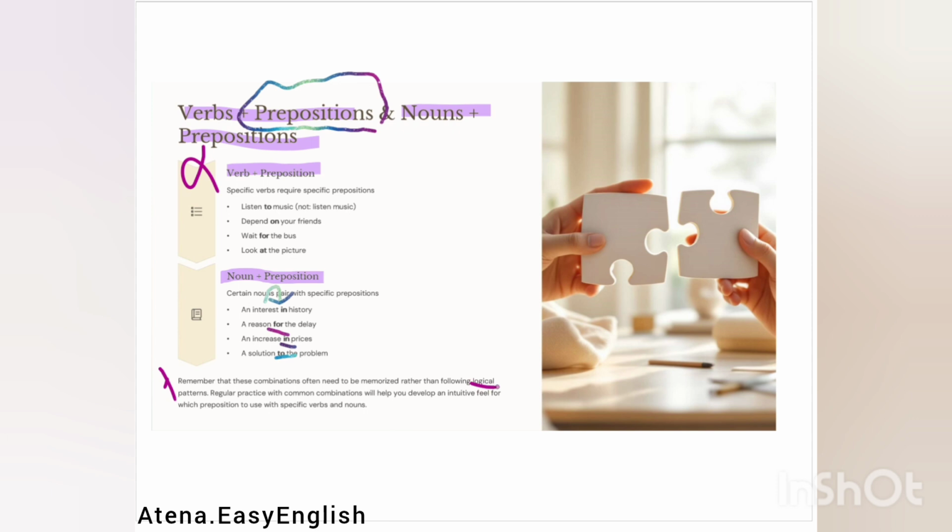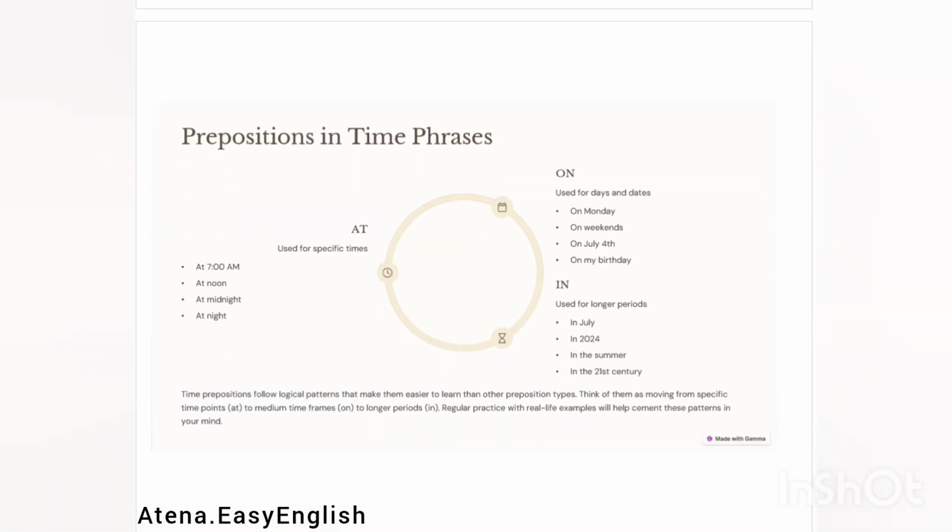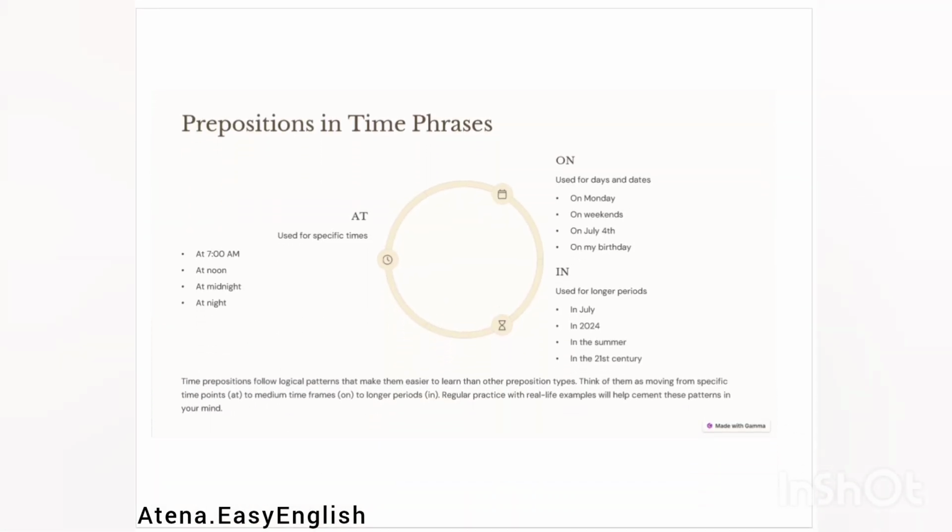There is no logical pattern or rule for this. Regular practice with common combinations will help you develop an intuitive feel for which preposition to use with specific verbs and nouns.